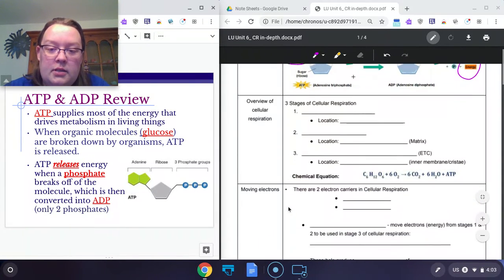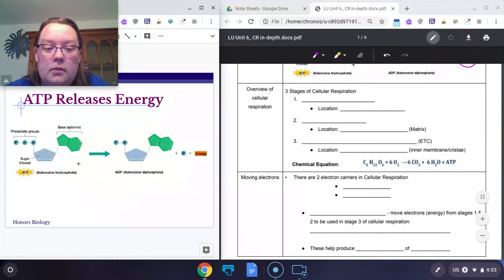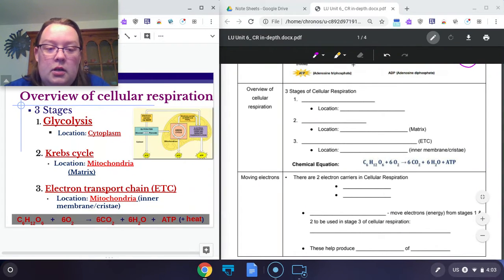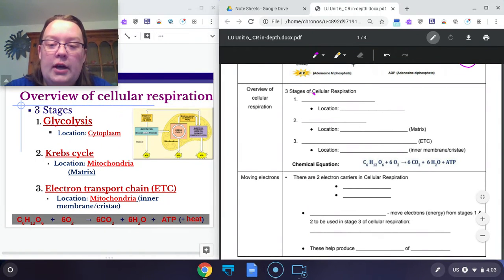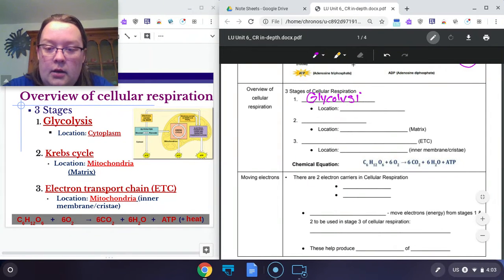Now, this process used to make ATP is going to happen in 3 steps. So cellular respiration has 3 steps. Step 1 is called glycolysis. And glycolysis happens in the cytoplasm of a cell. Step 2 is called the Krebs cycle.